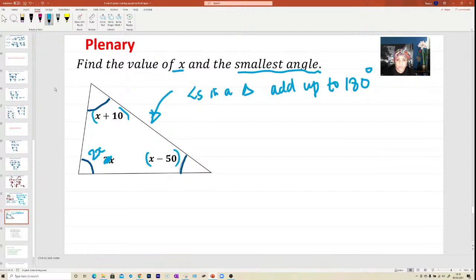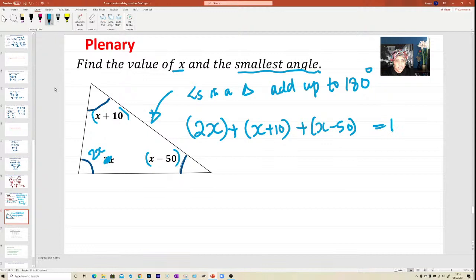So first of all, we need to form the equation, okay? So we've got 2x, and then plus, let's put everything in a bracket, x plus 10. Okay, so we've got 2x here, and then the last angle is x minus 50. Everything here needs to be equal to 180 degrees.